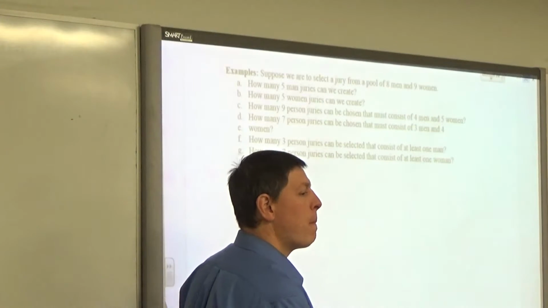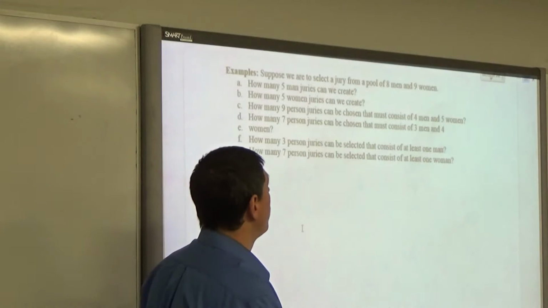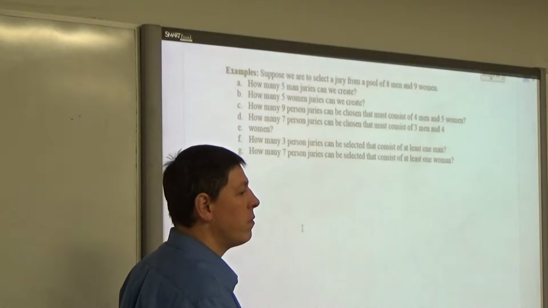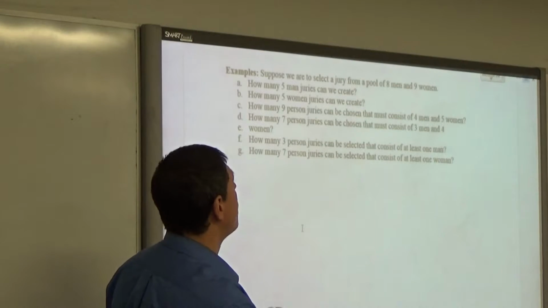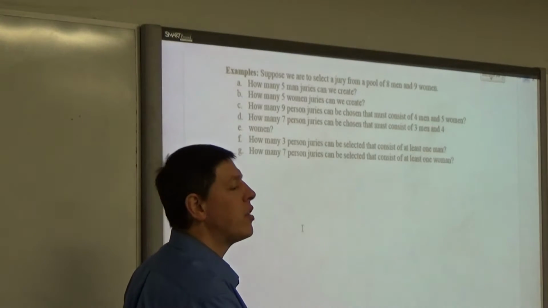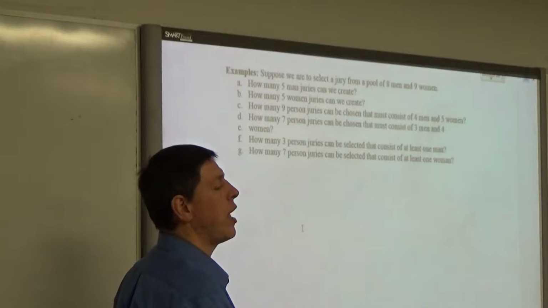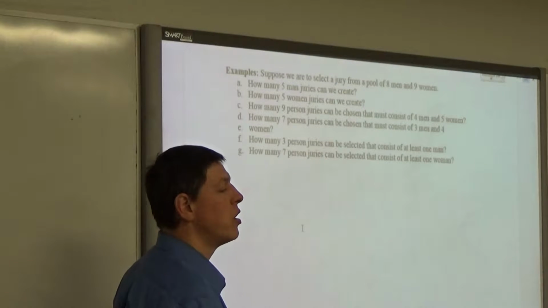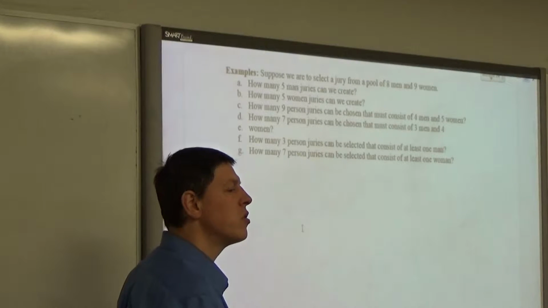Basically it's saying that we have a bunch of people to pick from, and we just want to make some juries out of it. So R is the number that we're selecting. We're selecting 5 man juries. Okay, does that make sense? Yeah.